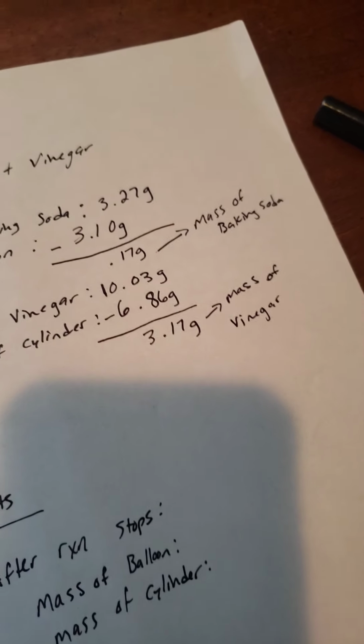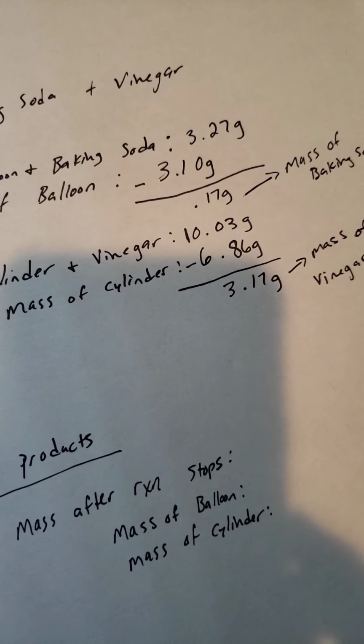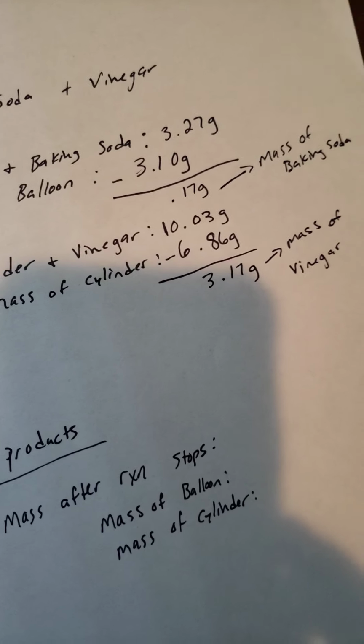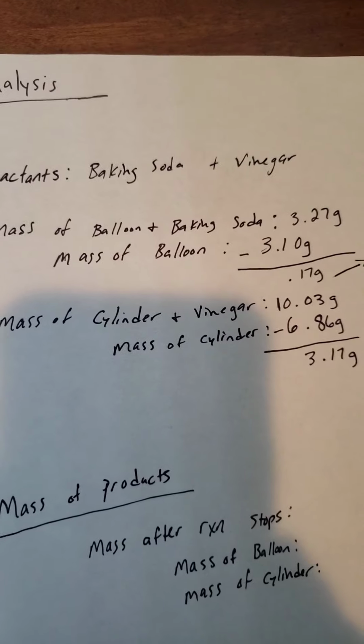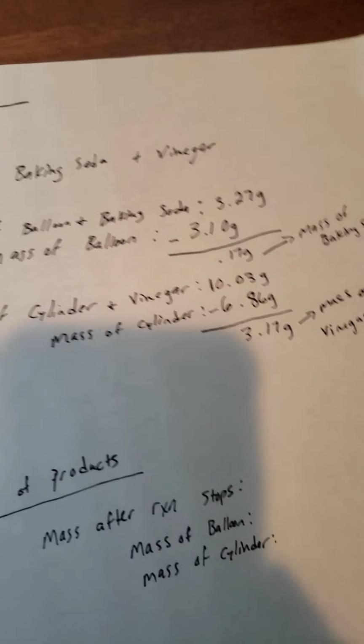All right, but we're not quite done with step 2 because we have to add 0.17 with 3.17 to get the total mass of our reactants.